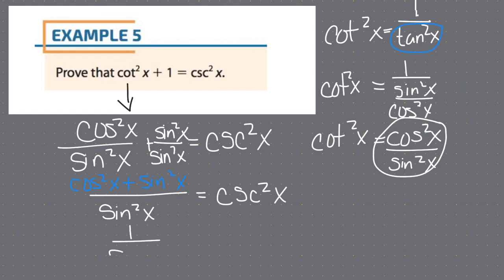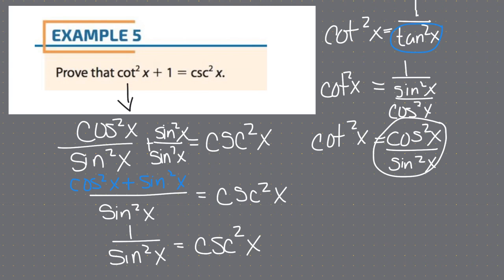So 1 over sine squared x is equal to the cosecant squared x. And if you look back in the trigonometric identities, you have just proved that the cosecant squared of some angle x is equal to 1 over the sine squared of that same angle x.